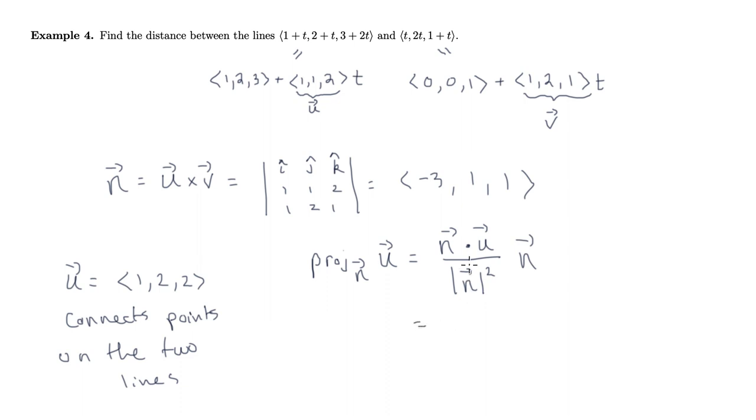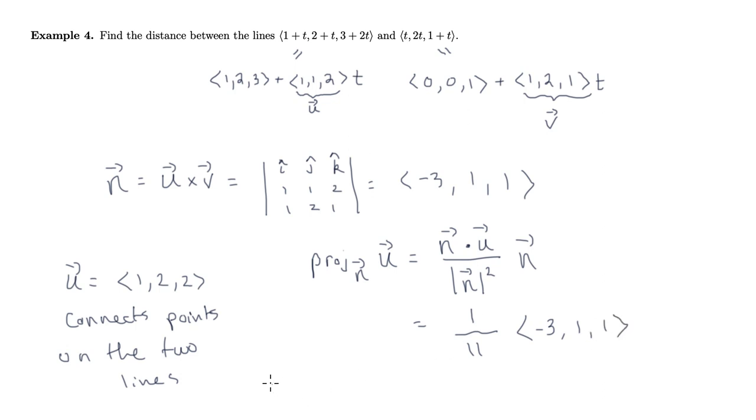So the dot product of n and u is going to be negative 3 plus 2 plus 2, so 1. And then the length of n squared is 3 squared plus 1 squared plus 1 squared, so 11. And then n is (negative 3, 1, 1).